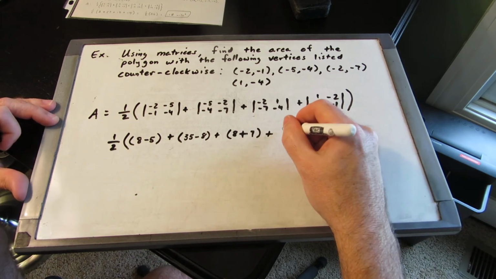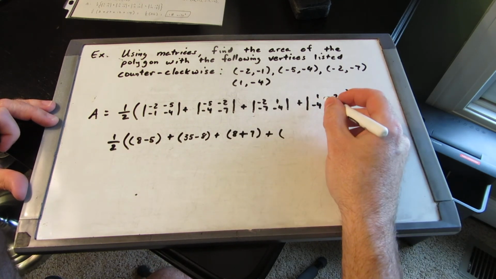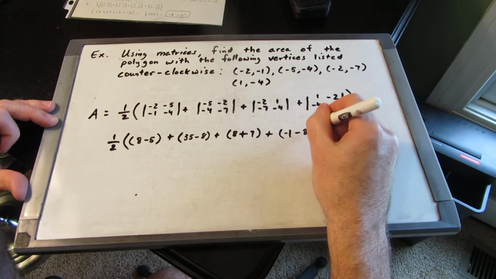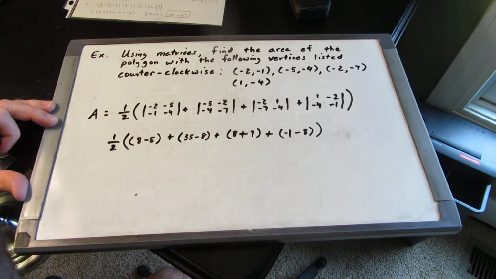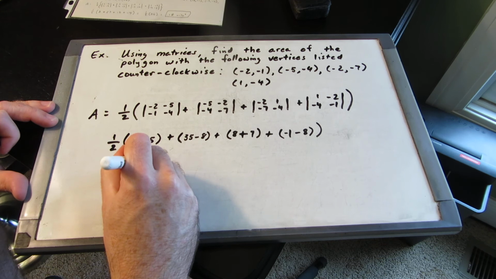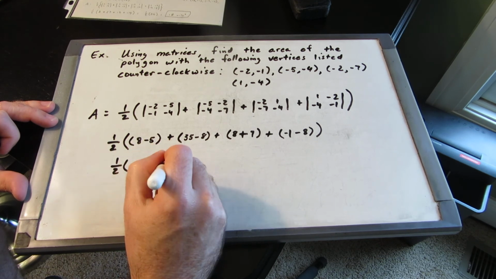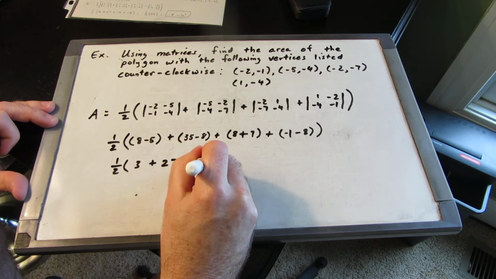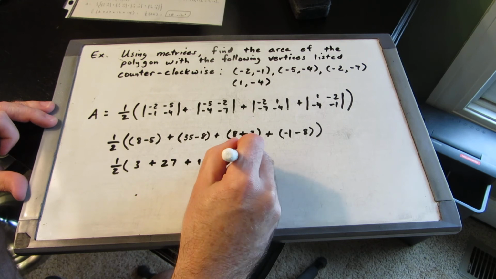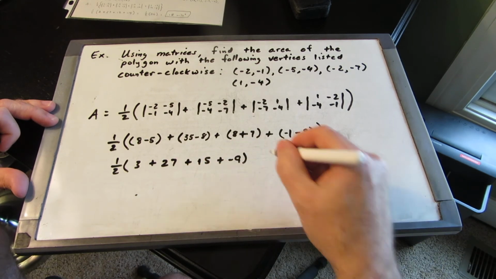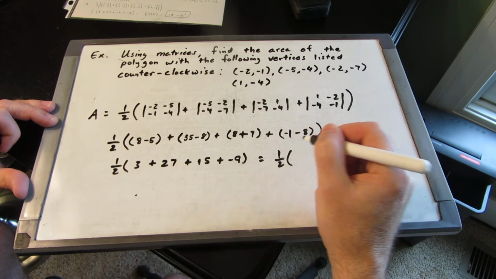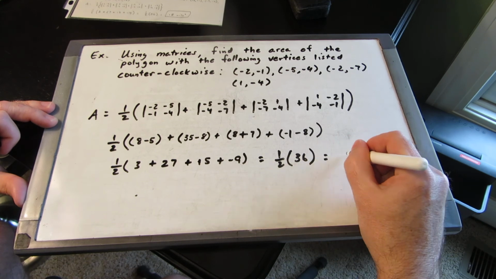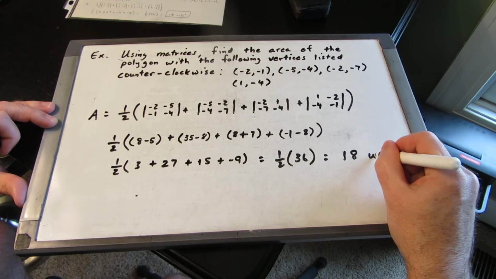And then finally, -1 minus 8. -2 times -4. So that's going to be 1/2 times 3 plus 27 plus 15 plus -9. And that'll be 1/2 times 45 minus 9, which is 36. So our answer is 18 square units, whatever those units are.